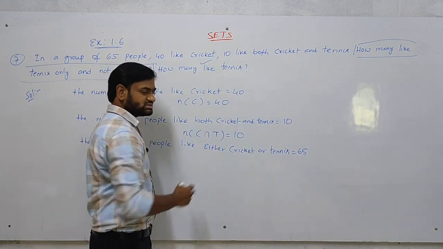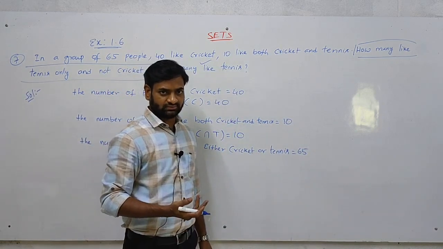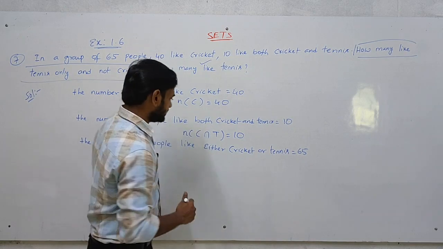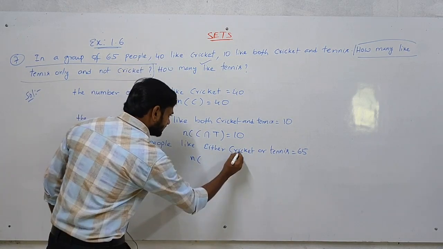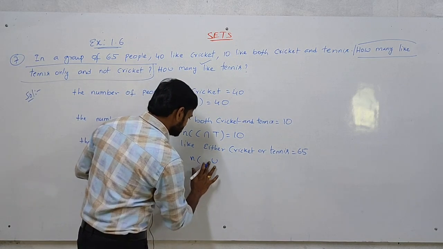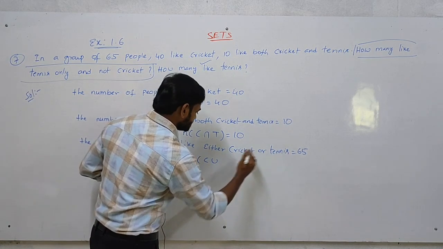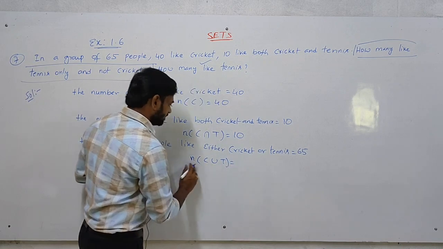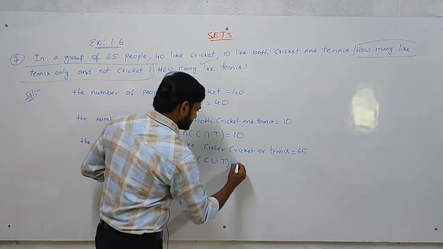So either or means union. Or means union. That is n of cricket C, or means union, tennis means T. n of C union T is 65.